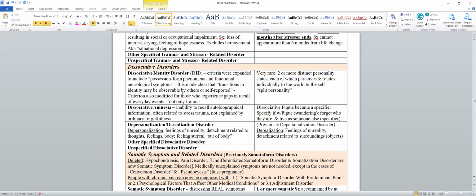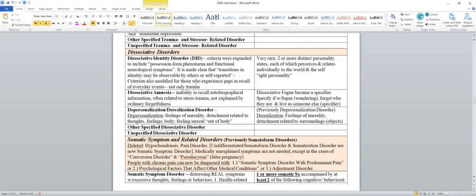Moving on to dissociative disorders. So the subcategories under dissociative disorders include dissociative identity disorder, dissociative amnesia, depersonalization and derealization disorder, other specified dissociative disorder, unspecified dissociative disorder.